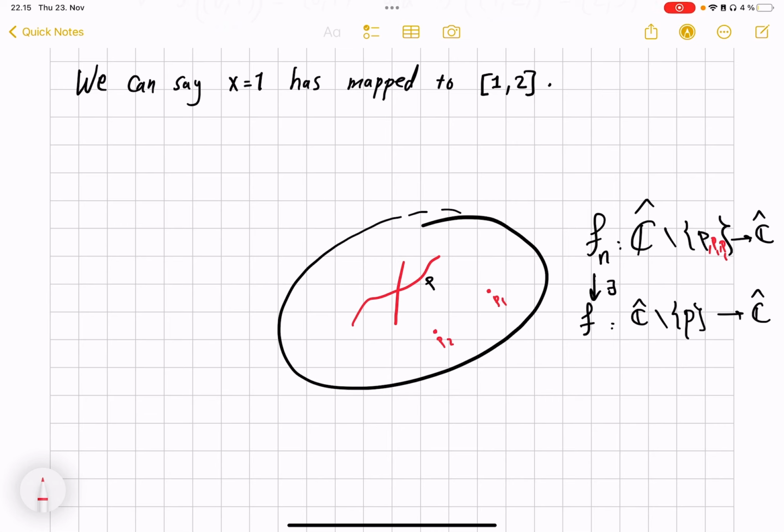For example, if you have these locally uniformly converging functions to an f, and P1 and P2, there is no guarantee that the image of this 1 point P1 will actually be 1 point. And that's exactly the kind of phenomenon that happens here.